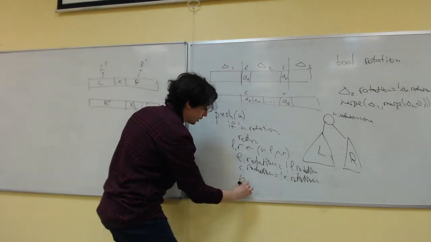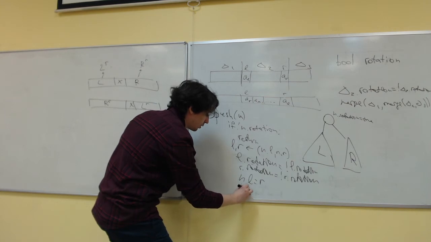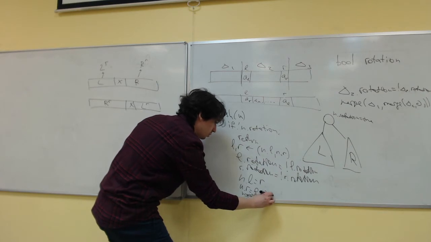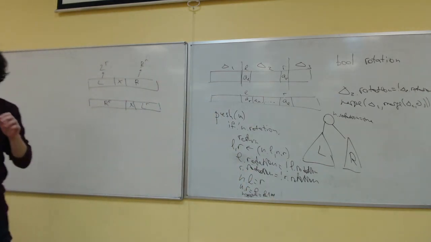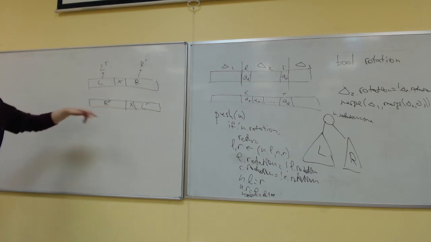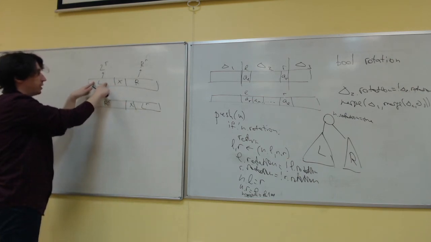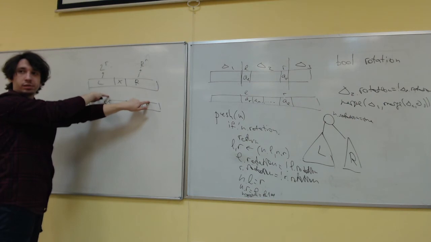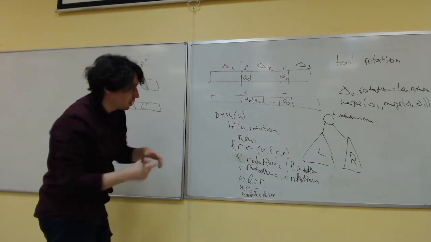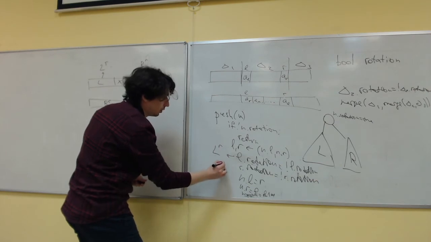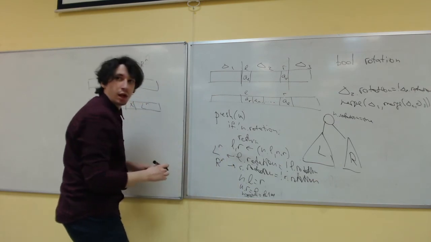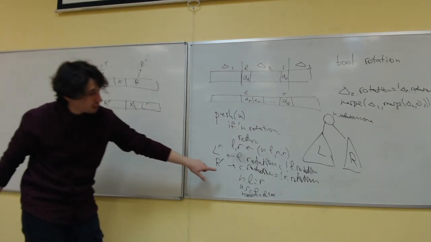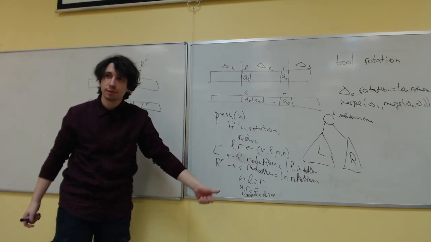You just say n.left equals R and n.right equals L, and n.rotation equals false. So you just do exactly what you did here: rotate this guy, rotate this guy, and change their places. This thing does LR, this thing does RR, and we merge them in one order. We set the left child to be the right one and the right child to be the left one.